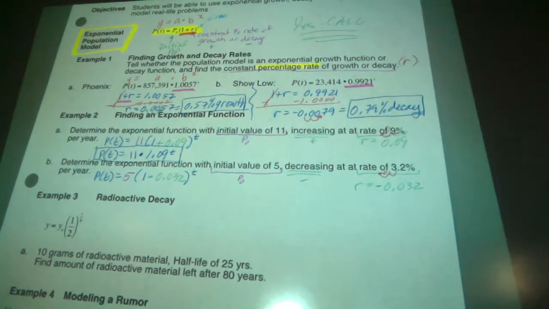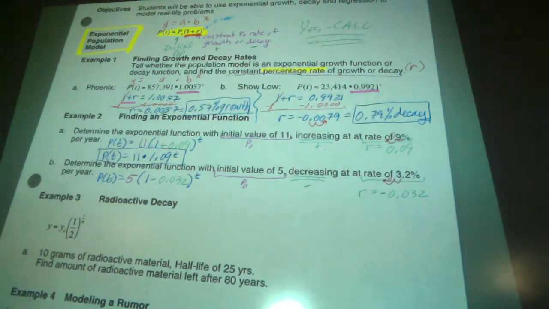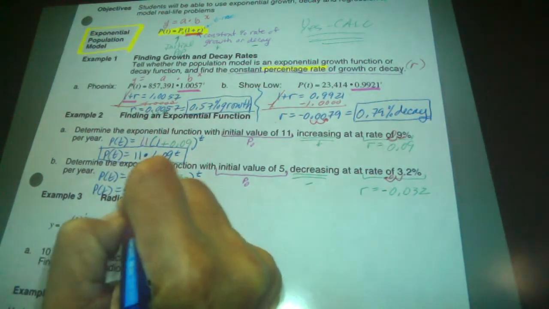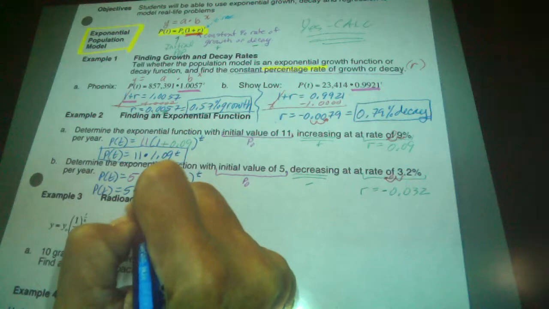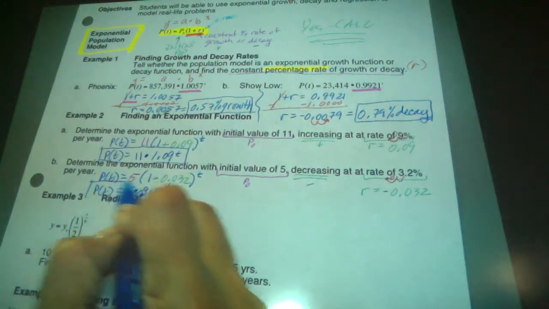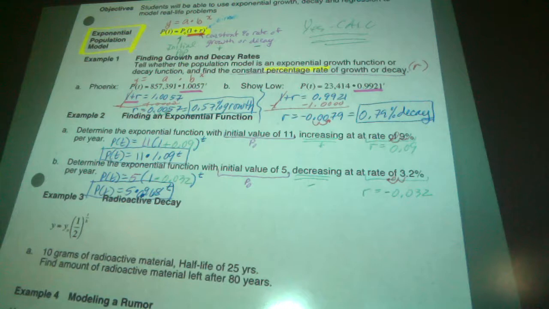Math Excel may want you to actually subtract that. And so we get 0.968 when we subtract. So 5 times 0.968, raised to the T. Any issues with that first formula?